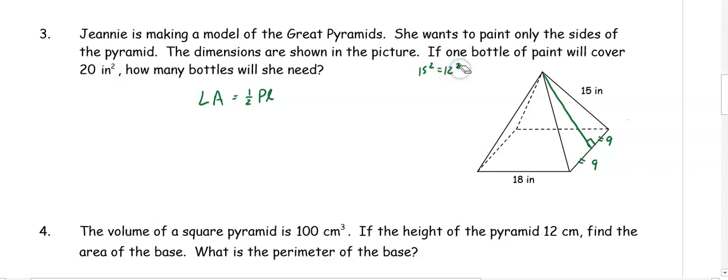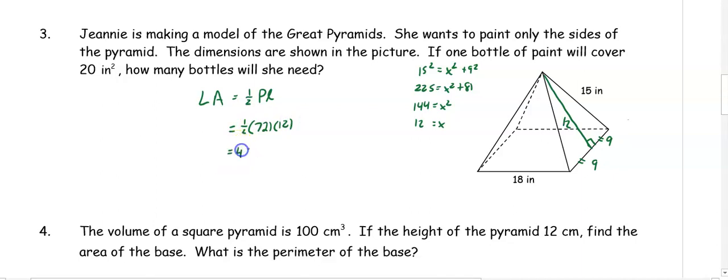So 15 squared equals x squared plus 9 squared. 225 is equal to x squared plus 81. We can subtract and get 144 equals x squared. So our slant height is 12. So to get the lateral area, it's 1/2 the perimeter. So each side is 18 and there are 4 sides. So our perimeter is 72 times the slant height of 12.